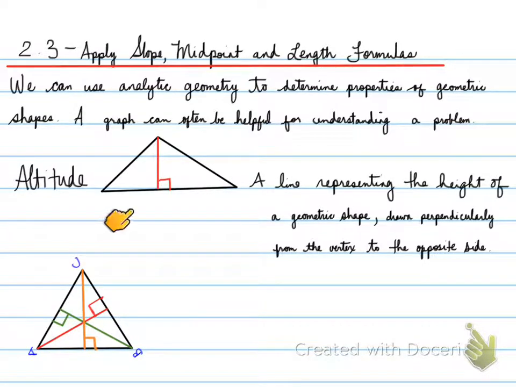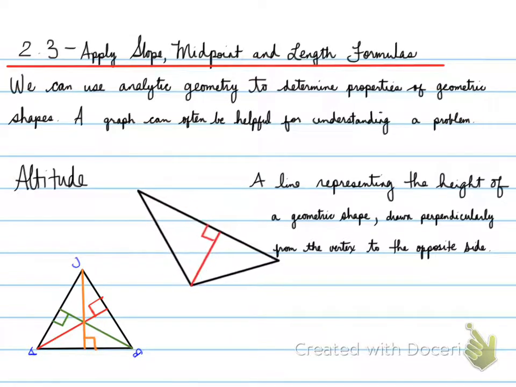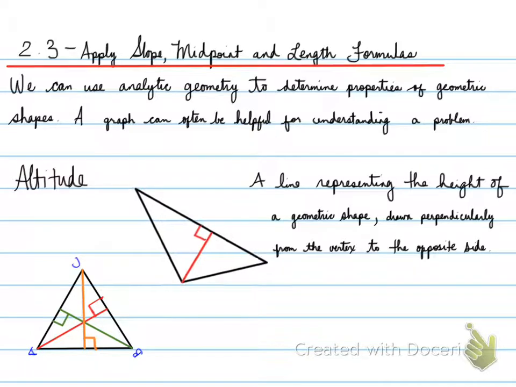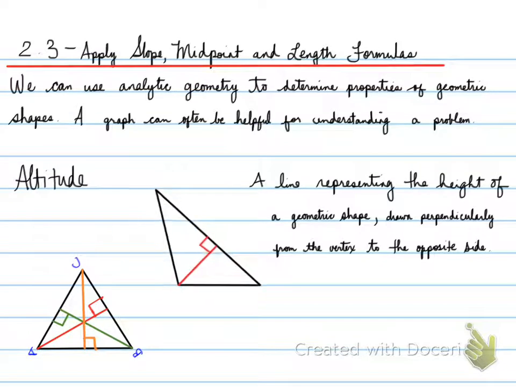So I'm going to grab this upper triangle right there, and I'm going to turn it around so that you can physically see how you would draw an altitude. I could take this triangle and turn it any which way I want. Let's say I wanted to draw the altitude from this side.